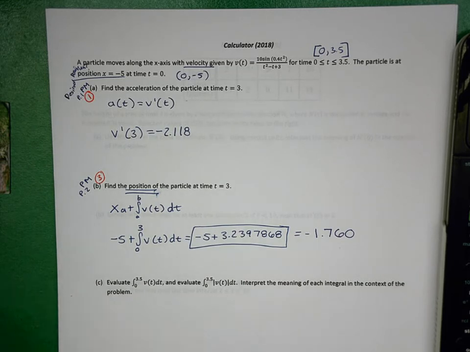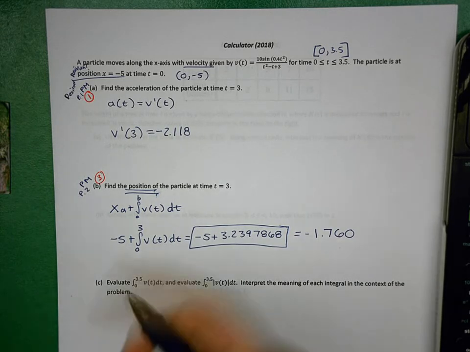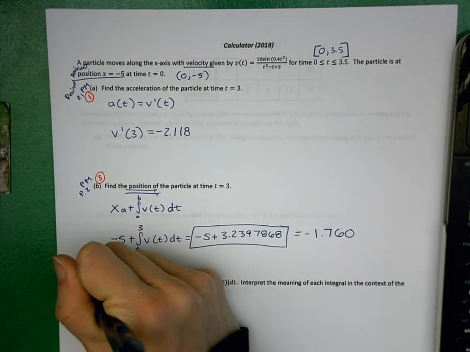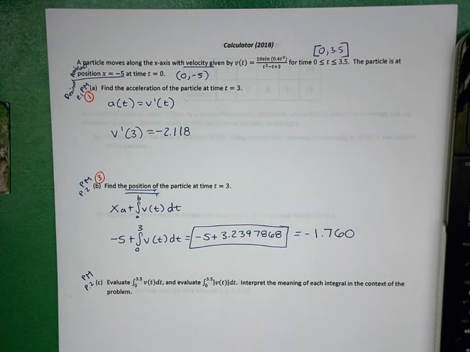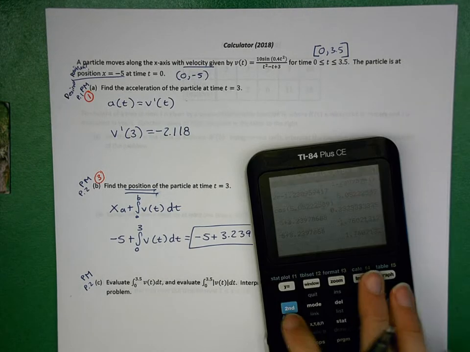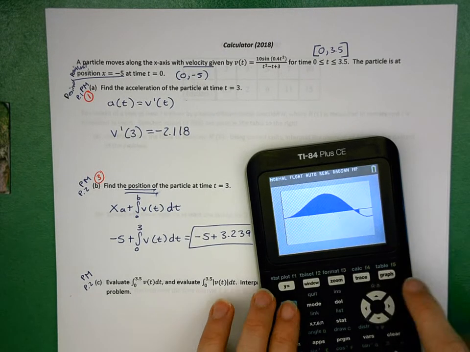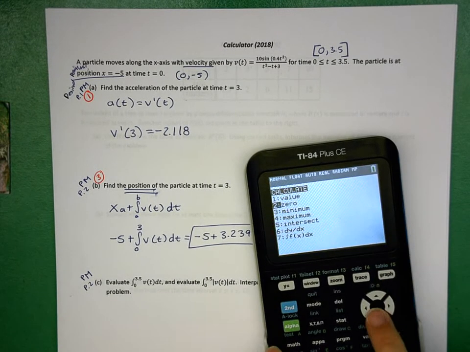Okay, C, also from our particle motion packet, we would have written these down on, again, page 2, like the desired position formula. It says evaluate 0 to 3.5 of velocity. So I'm going to go to my graph here. We're going to go all the way to 3.5 for this one.